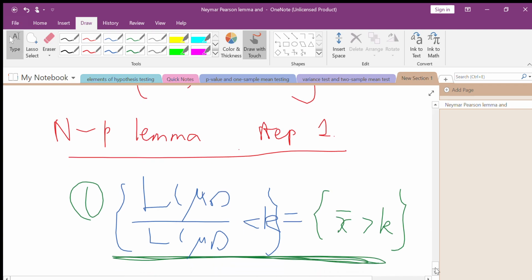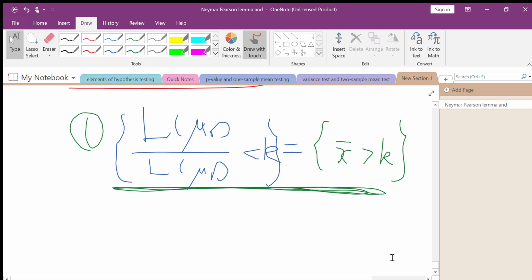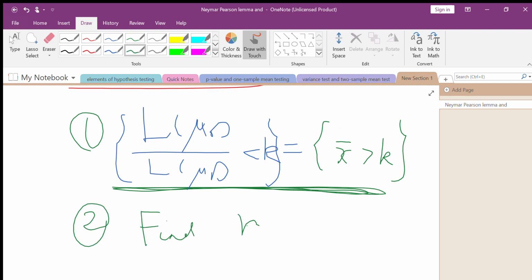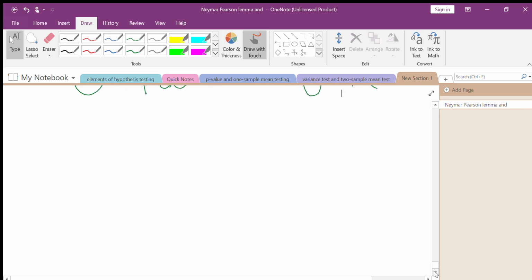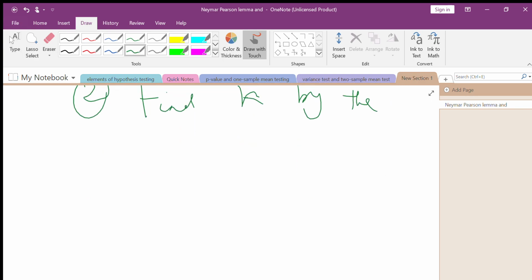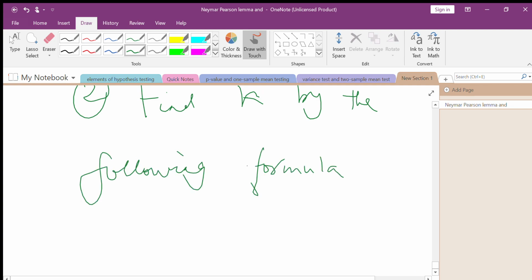And the second step for Neyman-Pearson lemma is what? The second step of Neyman-Pearson lemma is to find k by the following formula. The following formula is what?